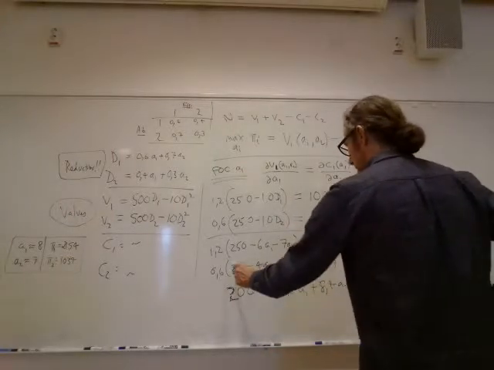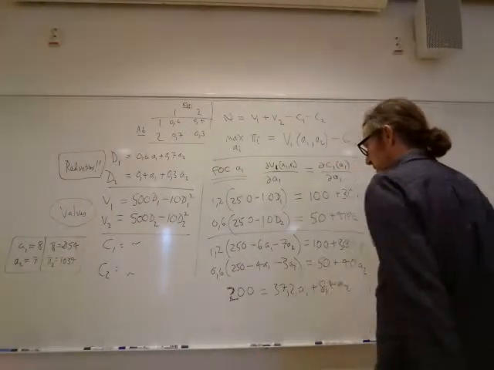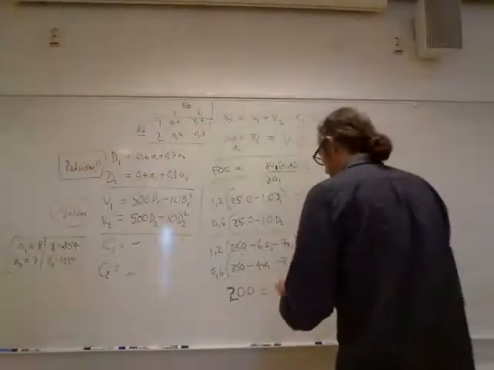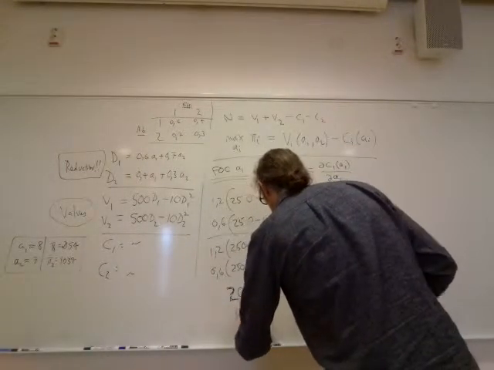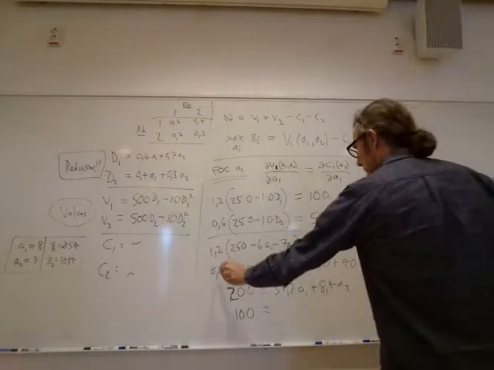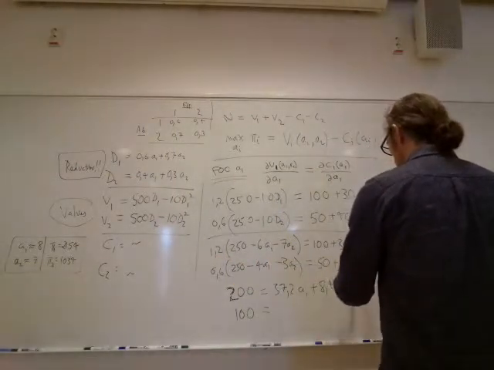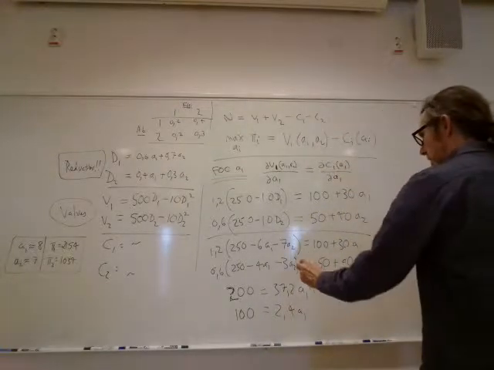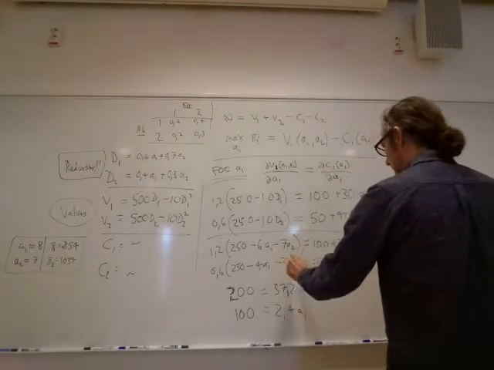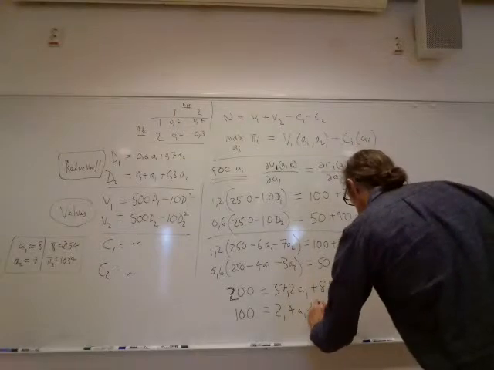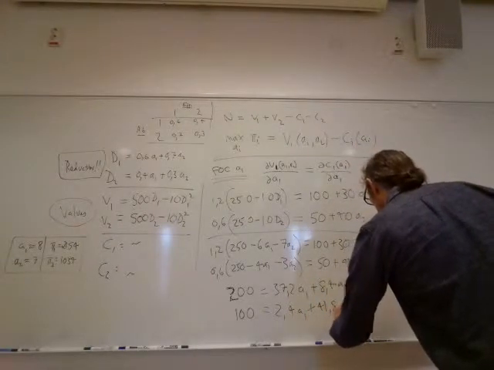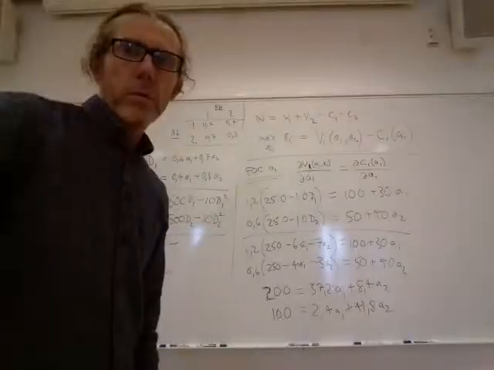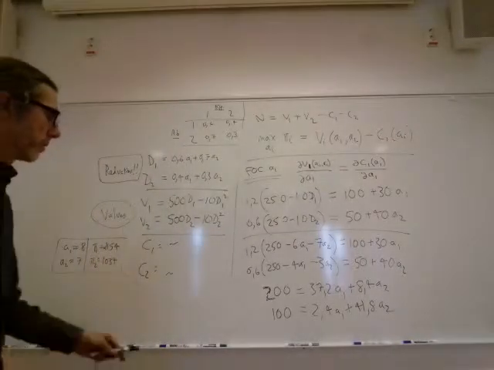Here we have 3/5 of 250, that's 150, minus 50 is 100, is 2.4 A1 plus 1.8 A2, 41.8 A2. Let me just check my crib sheet. Okay, so the crib sheet agrees with me.